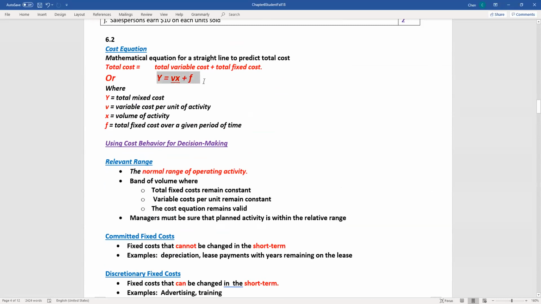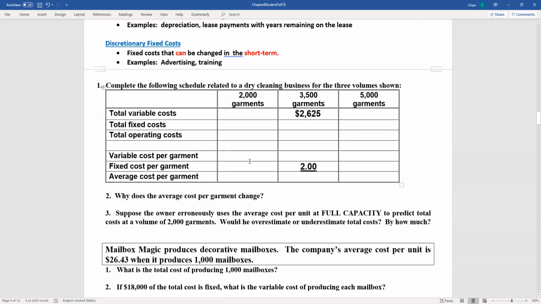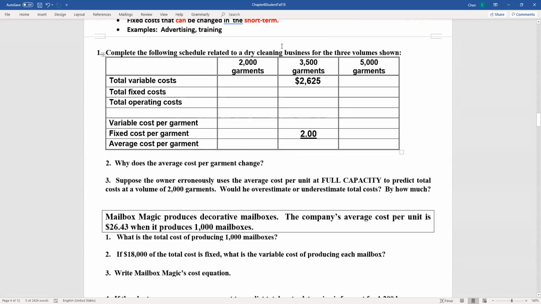And if you have some of them but not the others, how can you figure out the rest? Okay, let's play with this example together. Complete the following schedule related to a dry cleaning business with 3 volumes shown. This is a dry cleaning business, and these 3 columns represent 3 activity volumes.